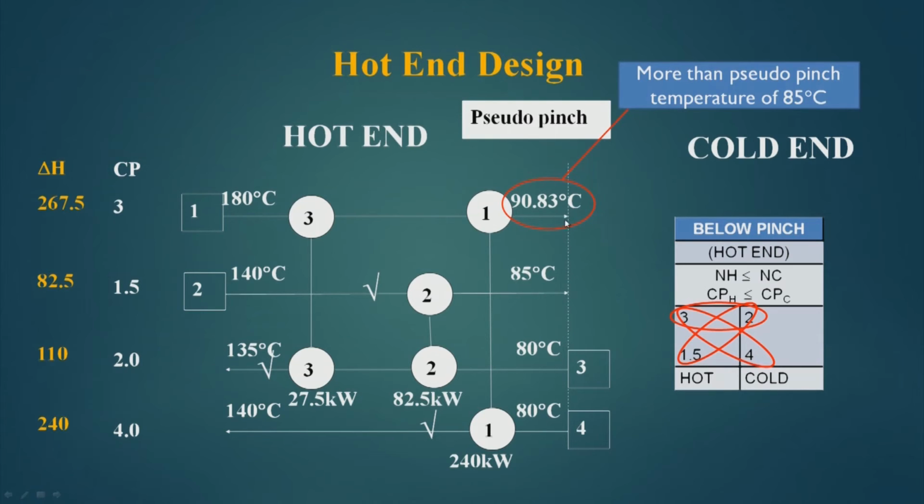So, this has to be observed that this is more than the pseudo pinch temperature of 85 degree centigrade. So, 17.5 kilowatt will pass from this hot end to cold end.